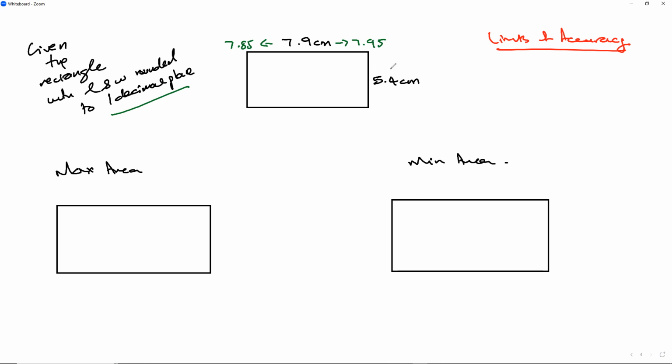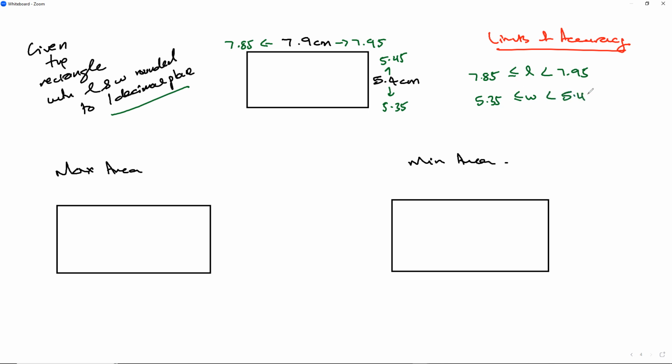And we know that this can go as high as 5.45 and as low as 5.35. We could write this as inequalities, where we have L is greater than 7.85 but less than 7.95. To ensure rounding takes place perfectly to 7.9, we need that inequality to be strictly less than. And the width, likewise, greater than or equal to 5.35, including 5.35, because when you round it, it goes back to 5.4.